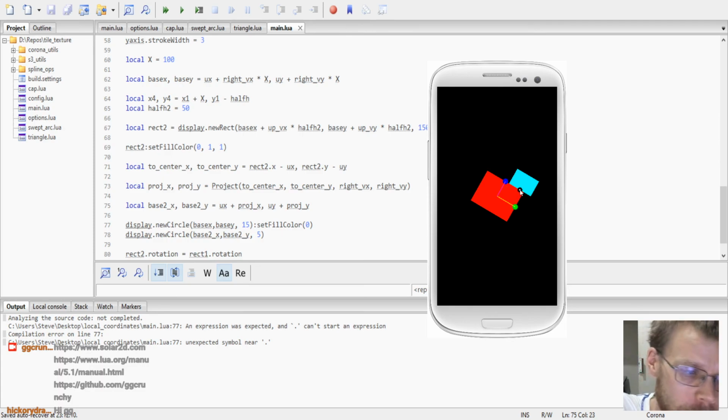And that's how you can go from a position in the local coordinate system, the projection will actually give you the x or the y. We can do the same thing on this side, and in that way you can go from a global coordinate to a local coordinate.